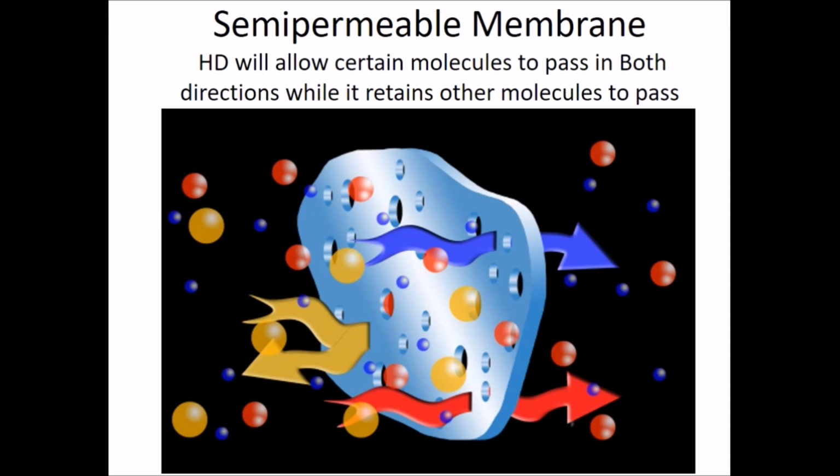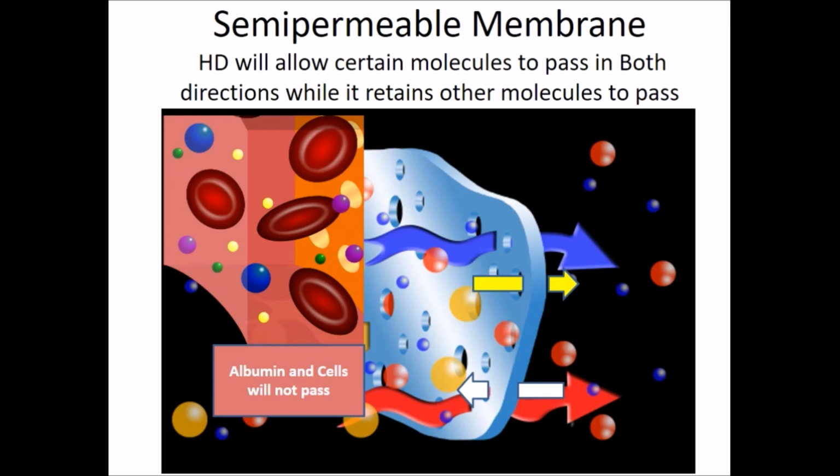The semi-permeable membrane in hemodialysis allows certain molecules to pass in both directions, while it retains other molecules from the blood side as well as from the dialysate side.